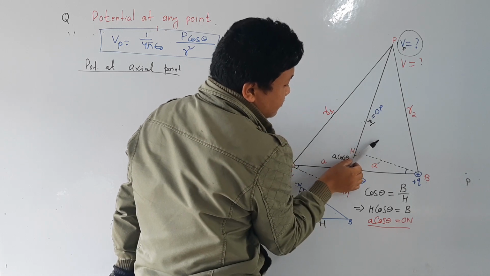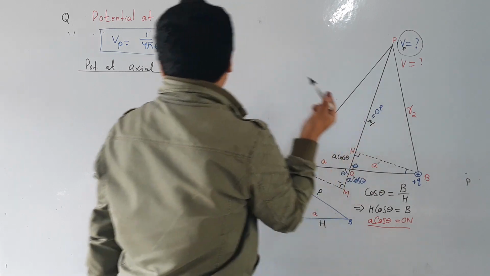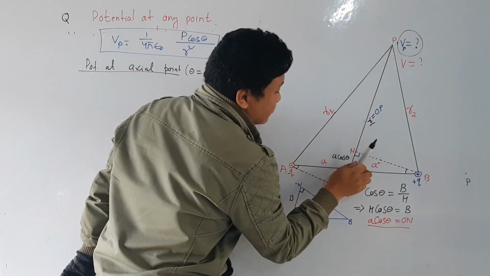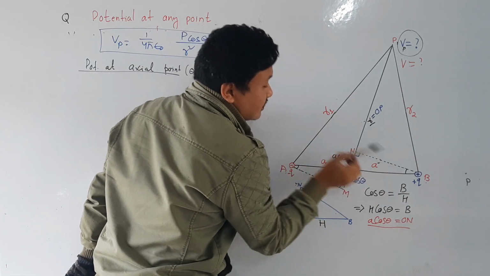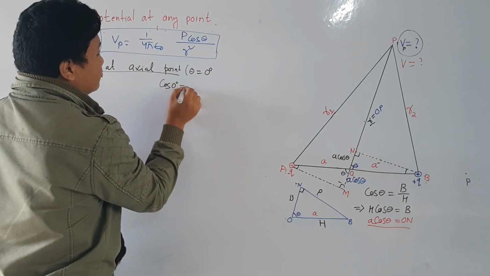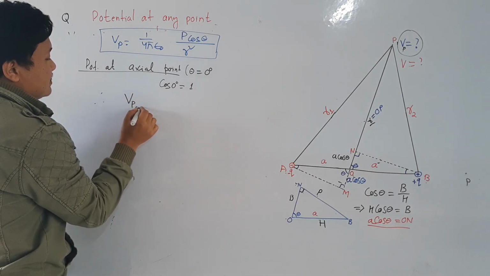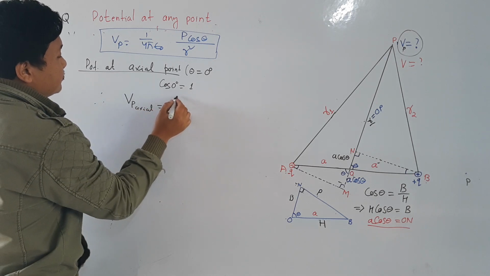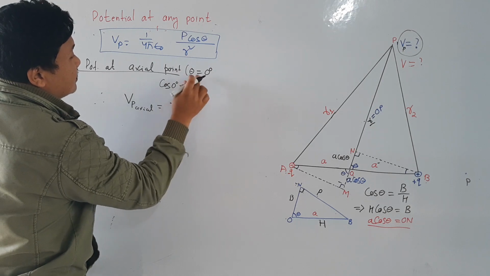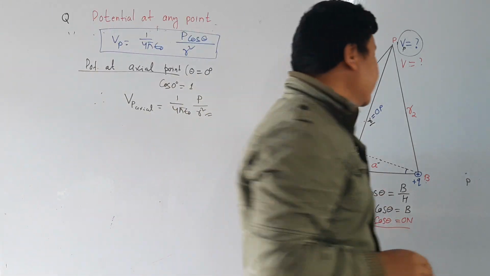Whenever you make it like this, the axial point, what will be the theta here? This theta will become 0 degree, isn't it? It was like this, and this theta is 0 degree. Then cos theta will become how much? Cos 0 degree is equal to 1. So therefore V P axial is equal to 1 by 4 pi epsilon naught, p cos theta is 1, divided by r square, which we have already calculated.